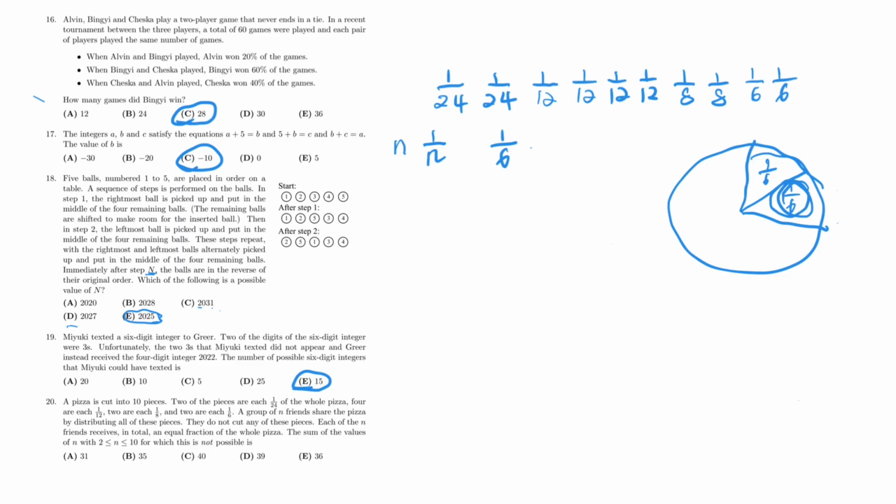So that's why each friend needs to share at least 1 over 6. So the maximum of n is 6 persons. Over 6 persons, not enough. So the maximum is n equals 6. n cannot equal 7, 8, 9, 10.